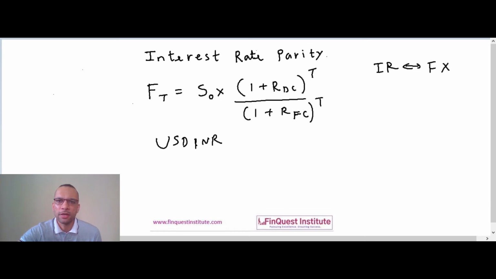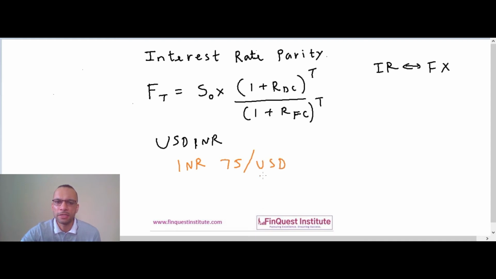Now, how does one decide which is the domestic currency and which is the foreign currency? When you're starting out on using interest rate parity for the first time, one crude way to remember this is the way in which the currency is quoted. Imagine that the USD INR rate is given as 75. We can write this as INR 75 per US dollar.